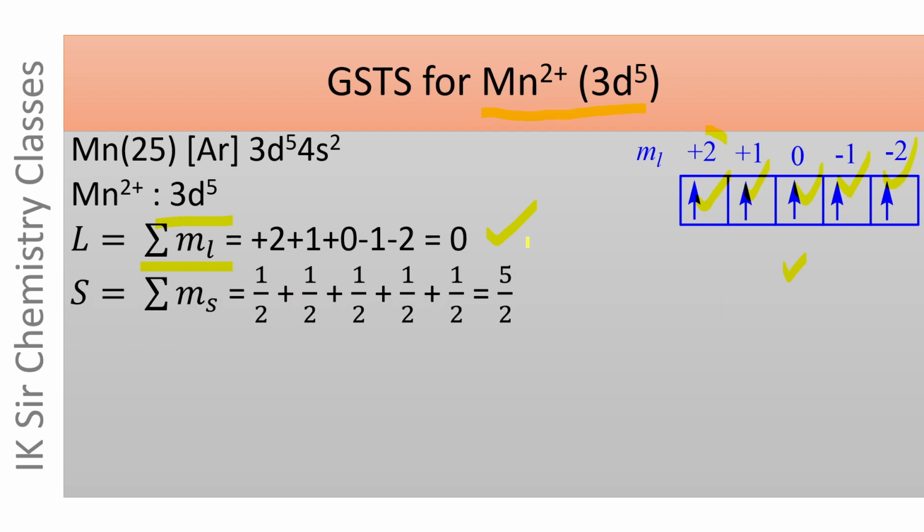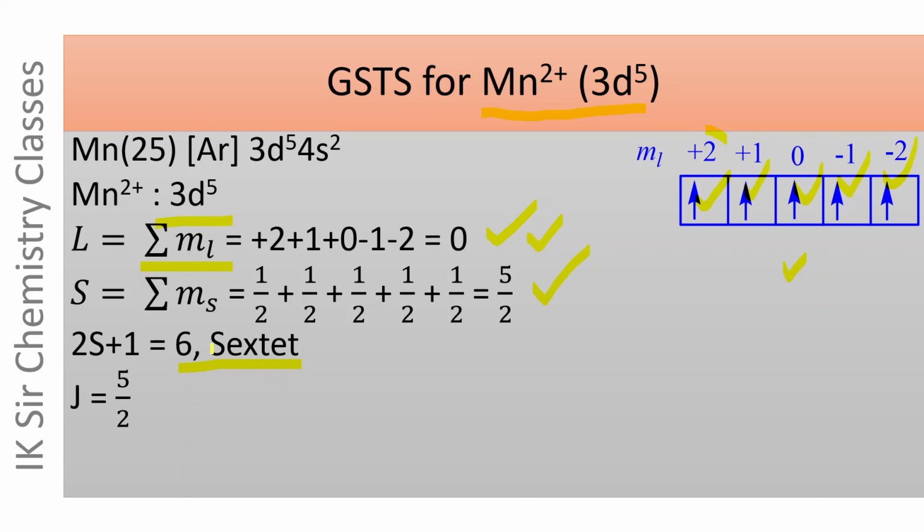It is S state. Capital S is equal to the summation of ms values of all the 5 electrons: +1/2, +1/2, +1/2, +1/2, +1/2, that is 5/2. 2S+1 will be equal to 6. The spin state is sextet.